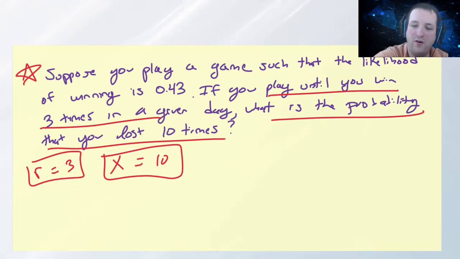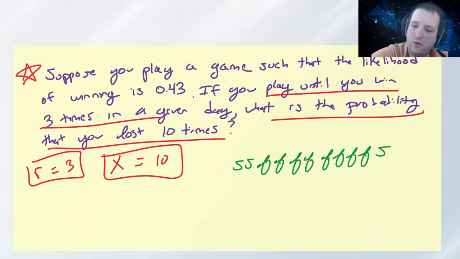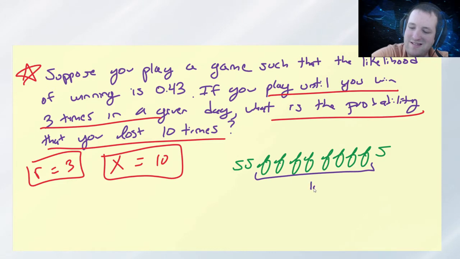So for example, we want all the variations of success, success, failure, failure, 5, 6, 7, 8, 9, 10, right? That would be our 10 failures, and there's our 3 successes.